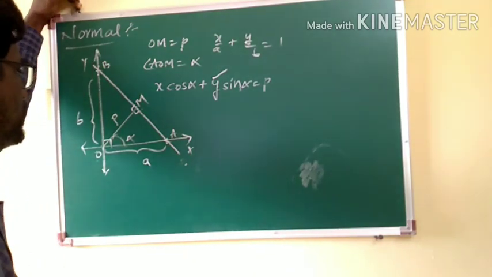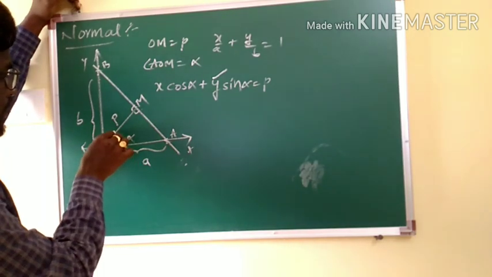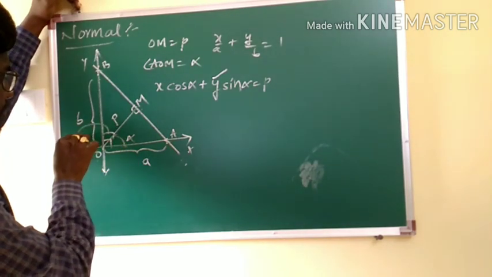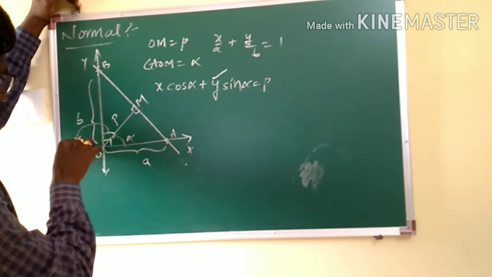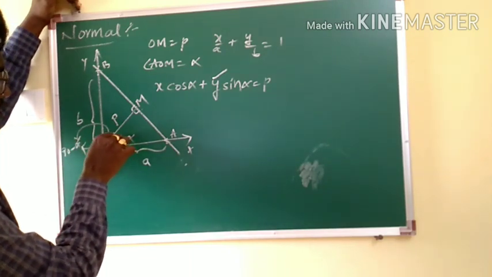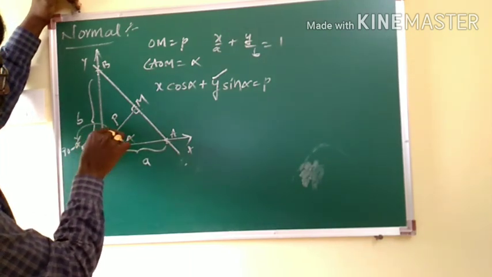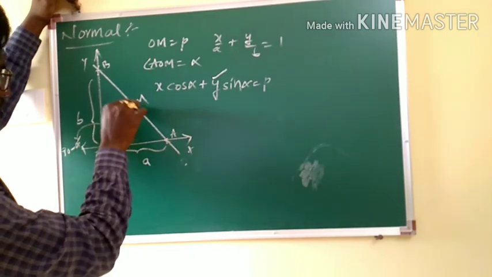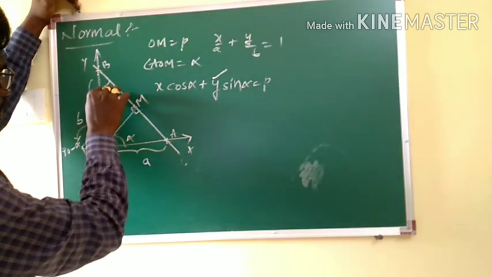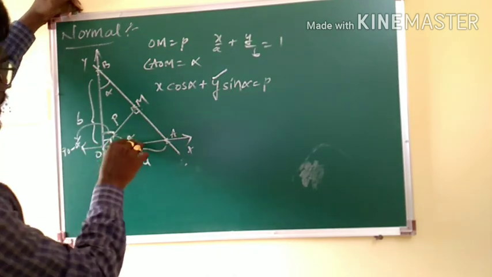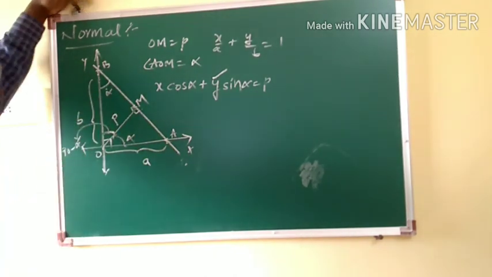If this angle is some alpha, then this angle is going to be 90 minus alpha, because the entire angle is 90. This is 90, so therefore this is going to be some alpha. The same angle is framed here.